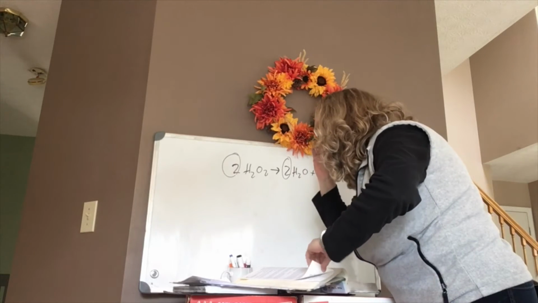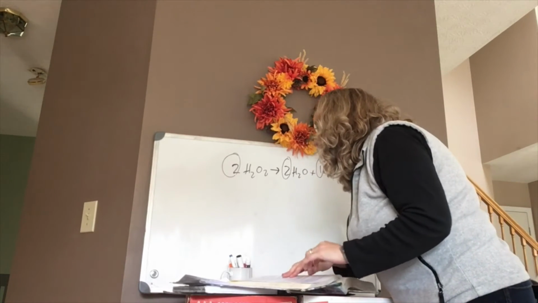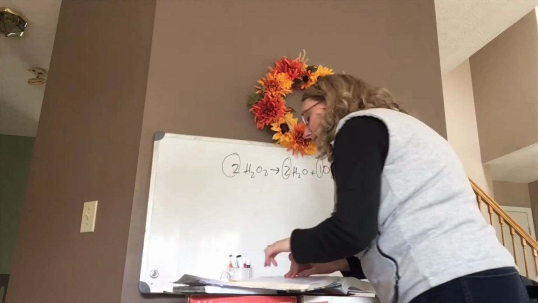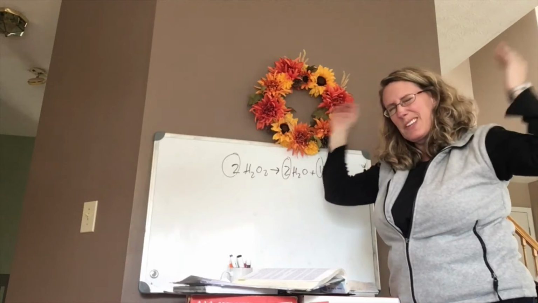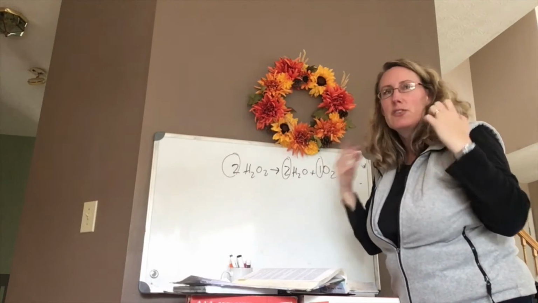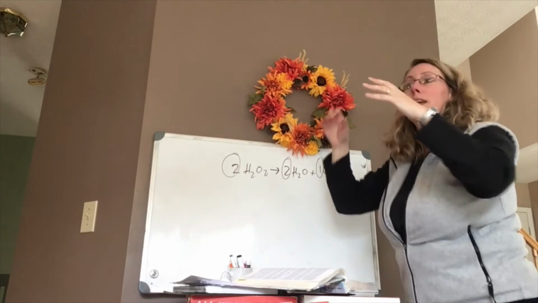Okay, so let's do 5A, and hopefully we'll have time. The decomposition. Oh wait, what was decomposition again? Something's going to decompose into something else, break down. One big thing breaks down into smaller pieces.